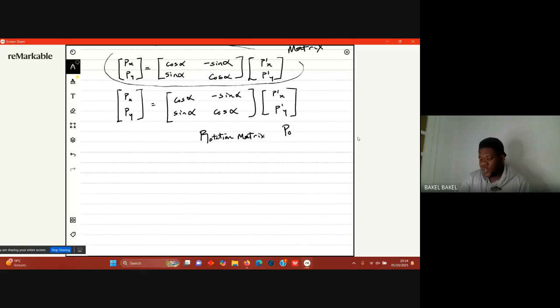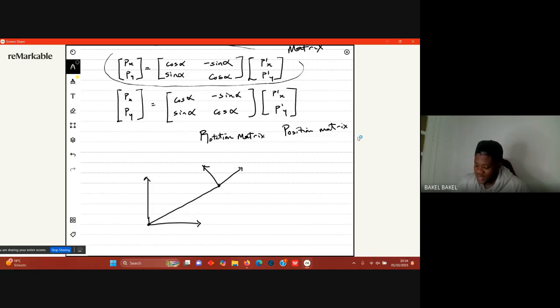This is the position matrix. So I want you to see it as, remember we said 2 things must happen. If I want to move from, remember that example I gave, from this point to this point, 2 things must happen. I must translate and I must rotate.